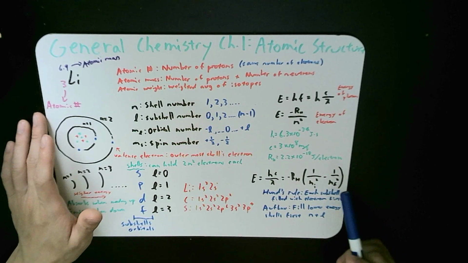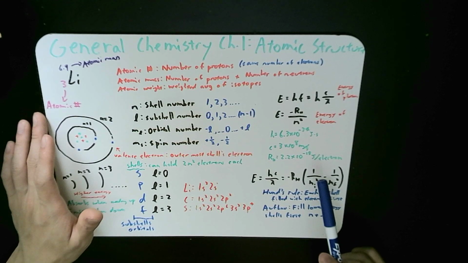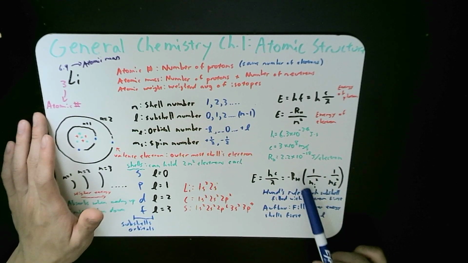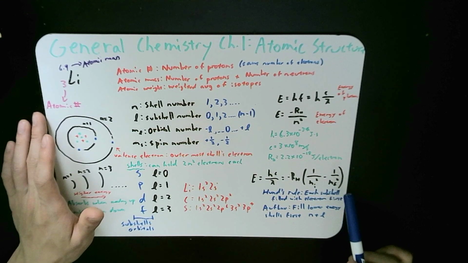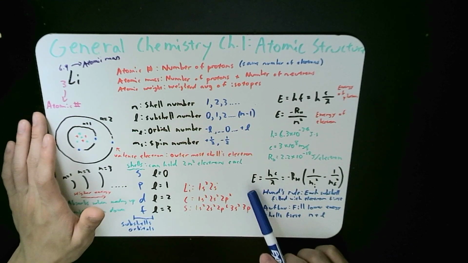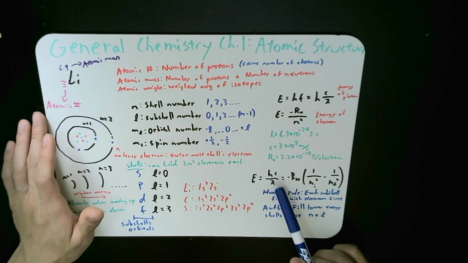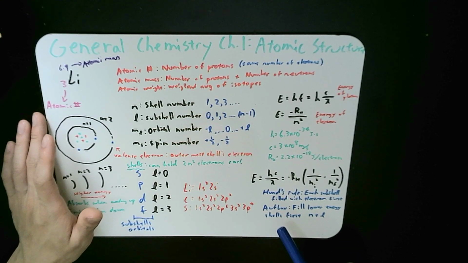So for the equation, we have 1 over n initial, the initial shell it comes from, minus 1 over n final, the final shell it will jump to. This overall equation gives us the exact discrete amount of energy, and we can also relate that to the discrete wavelength that it will absorb.